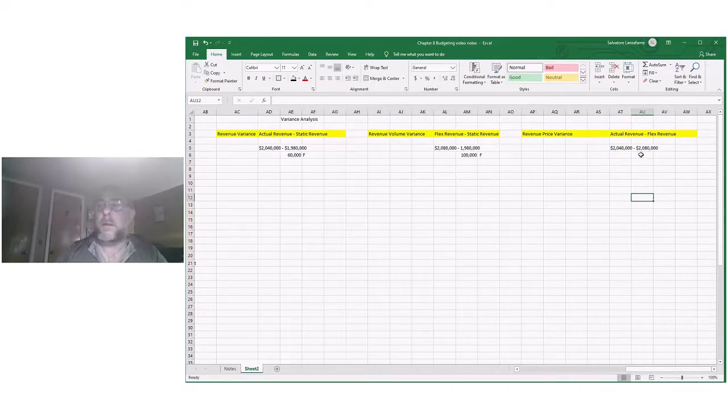This is going to give us a negative value of $40,000, and we would conclude this to be unfavorable. So if you get a positive answer, call it favorable. If you get a negative answer, call it unfavorable. Let's look at the cost variance stuff now.